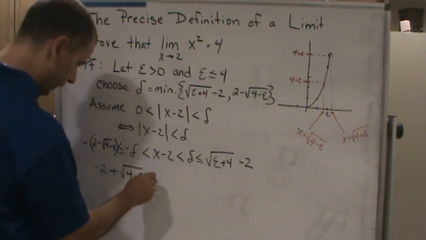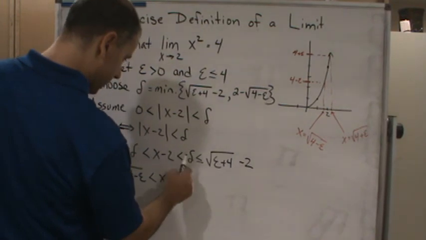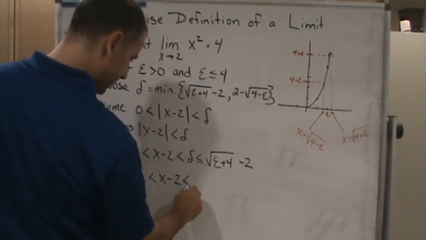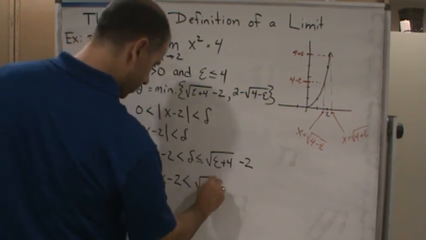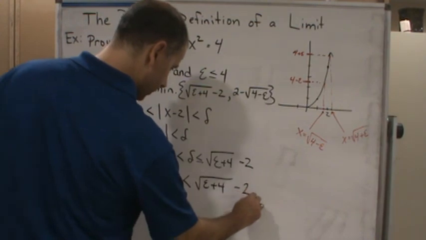So this will be less than x minus 2, which is going to be less than delta, which is less than or equal to this. So we can say this is less than or equal to the square root of epsilon plus 4 minus 2.